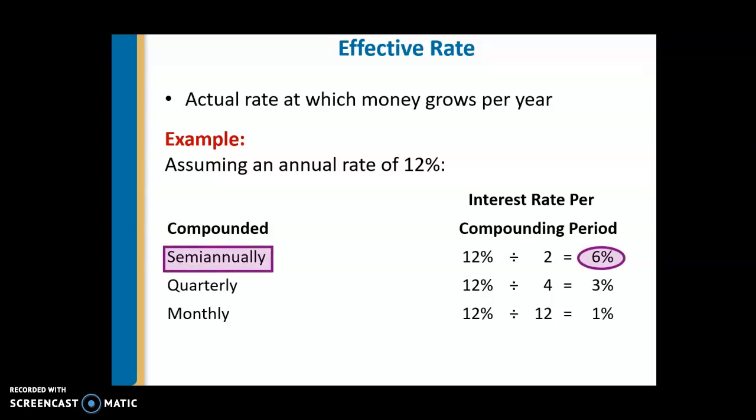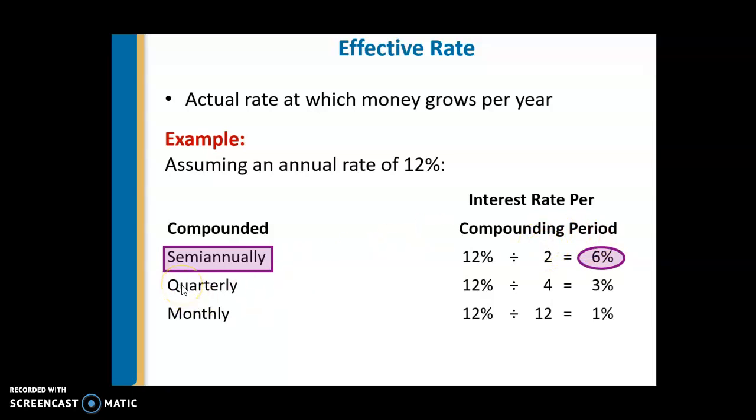So, for instance, if we assume an annual interest rate of 12% and we compound the interest semi-annually, or twice a year, then we will calculate interest every 6 months at a rate of 6% twice during the year.